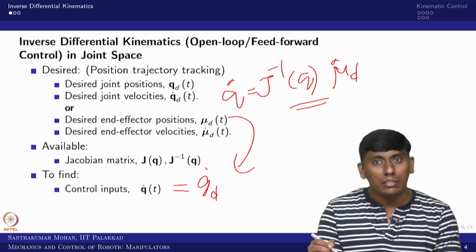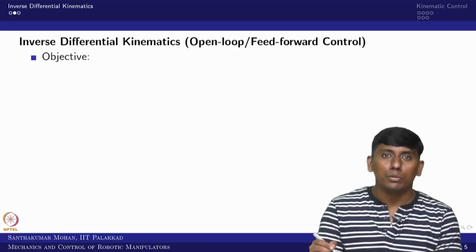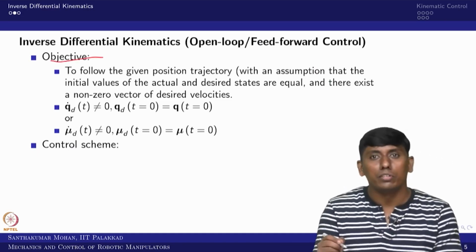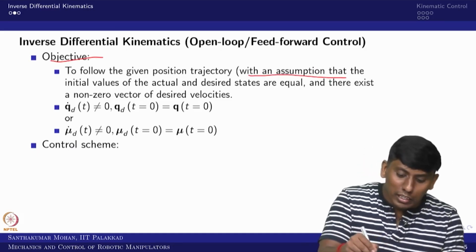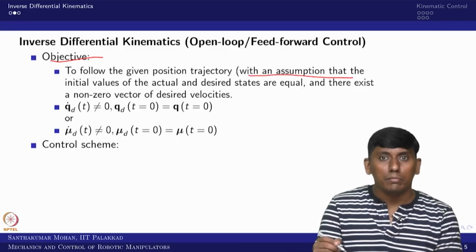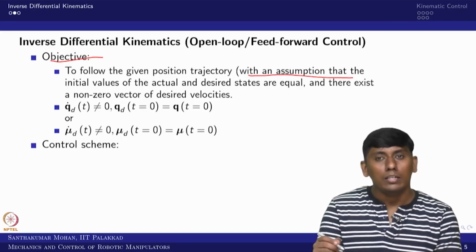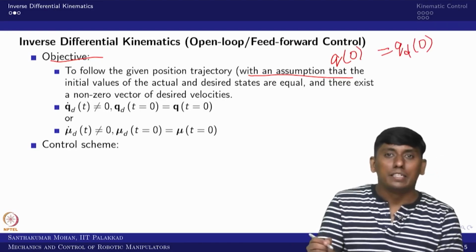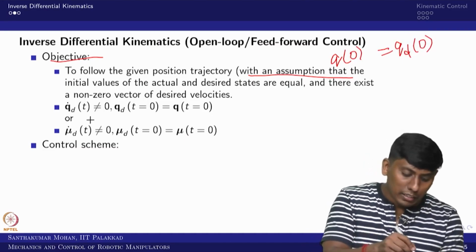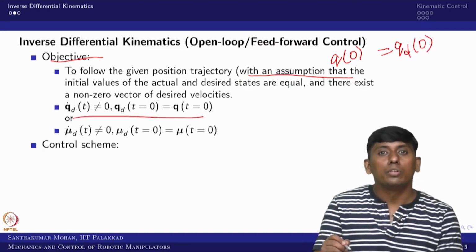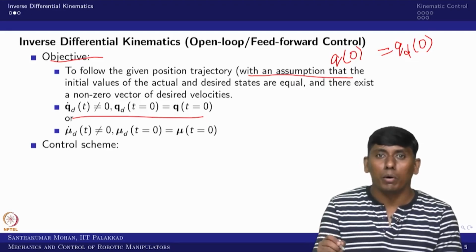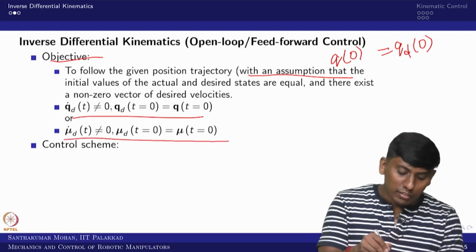For that there are some conditions, which I am putting here. The objective is to follow the given position trajectory. However, there is an explicit assumption that the initial values of the actual and the desired states are equal, so q of 0 and q desired of 0 are the same. Further, it should have a non-zero desired velocity, only then will differential kinematics work.